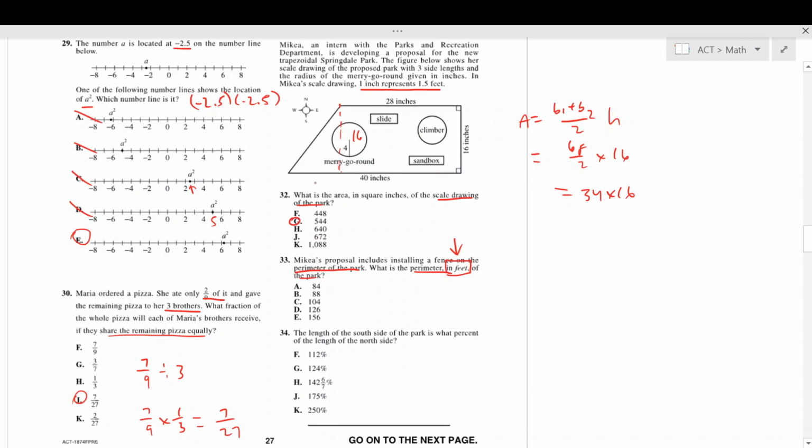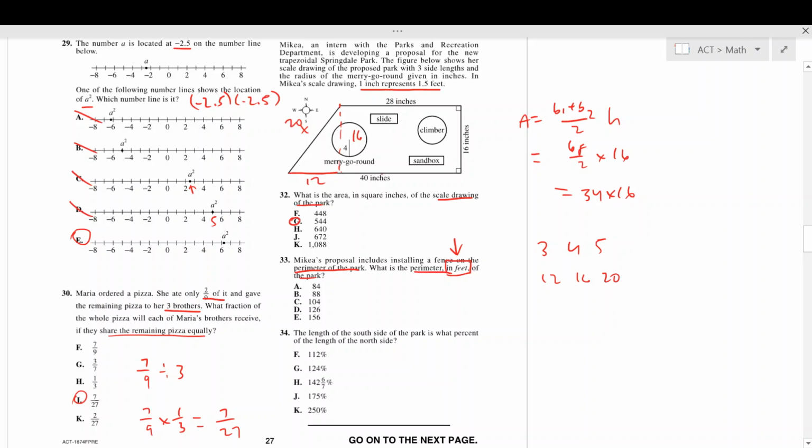Now we need this side, which is equal to the long side minus the top side. So 40 minus 28, which is 12. So 12, 16, and we want this side. We could do the Pythagorean theorem here, but you could recognize that this is a multiple of the 3, 4, 5 Pythagorean triple. 3 times 4 is 12, 4 times 4 is 16, 5 times 4 is 20. This last side must be 20.